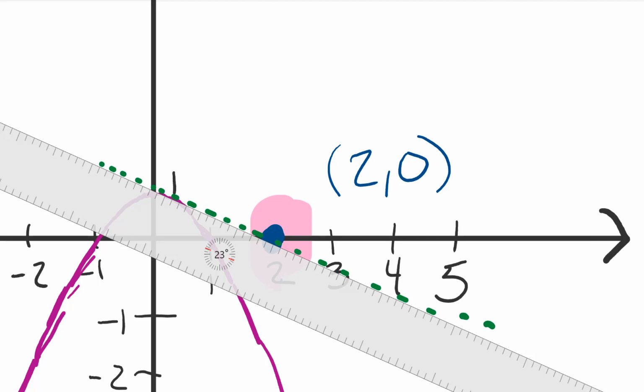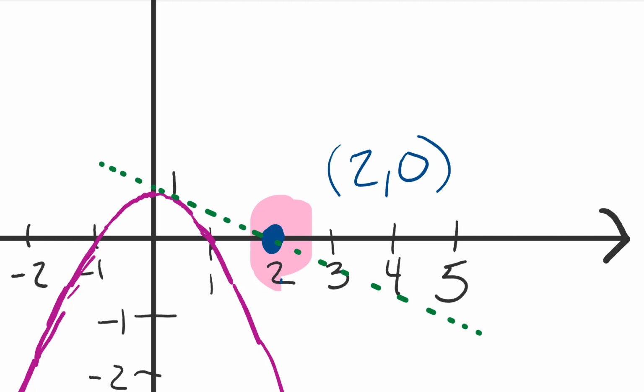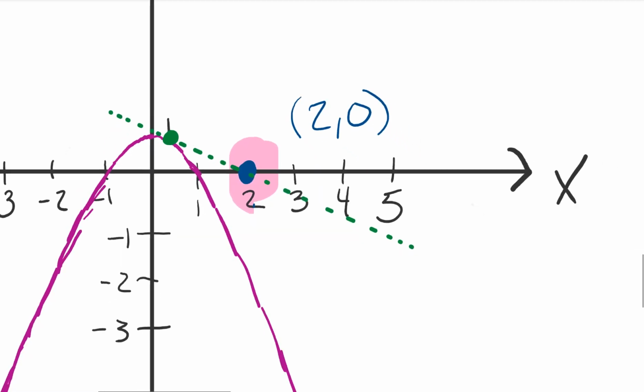Some sort of line goes through there, so this must be some point right here, where the tangent line is also going to go through the point (2, 0). And we just have to find the equation of that line.